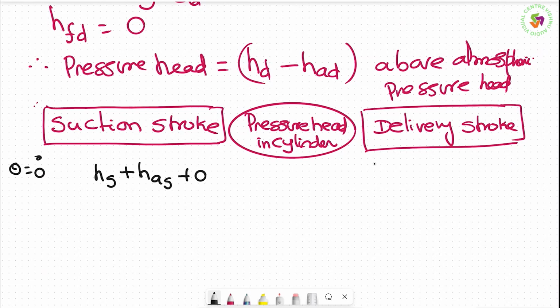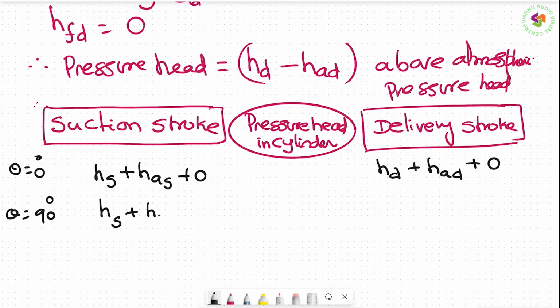Here at the beginning, it is HD plus HAD plus friction is 0. At theta is equal to 90 degrees, it is Hs plus HAS is 0 plus HFS.